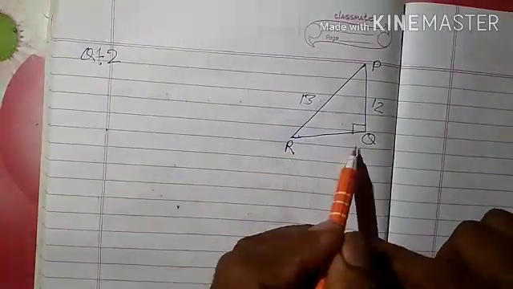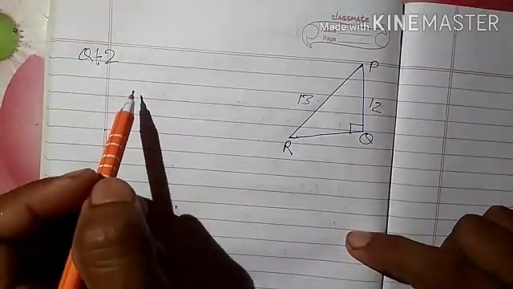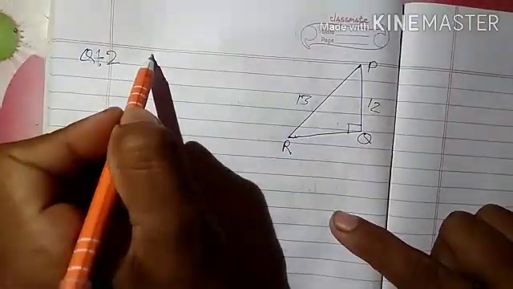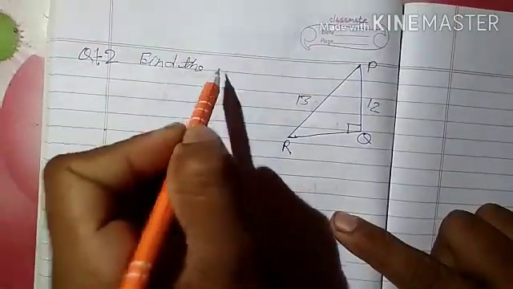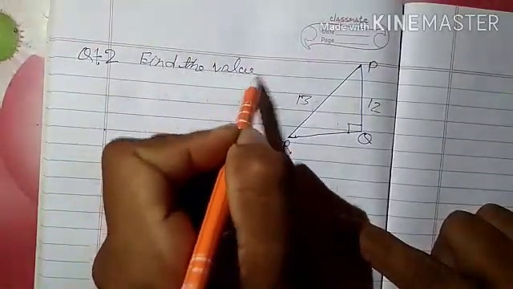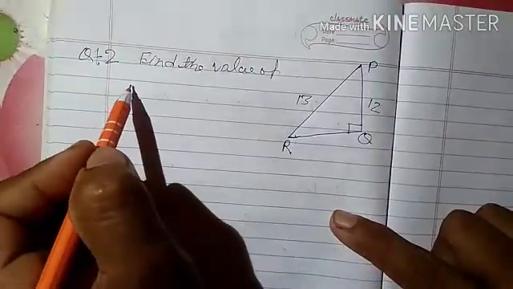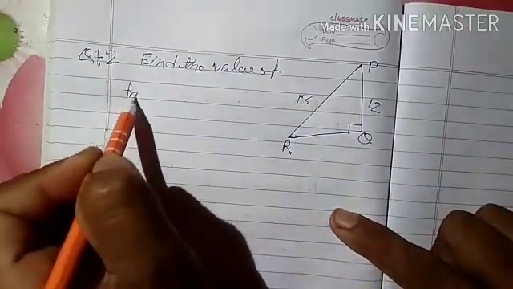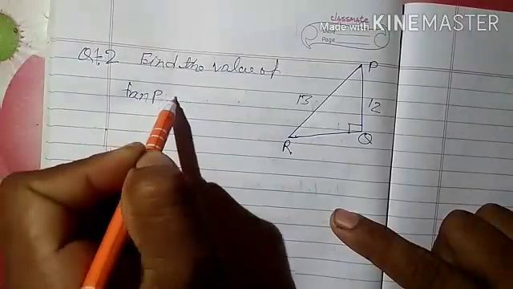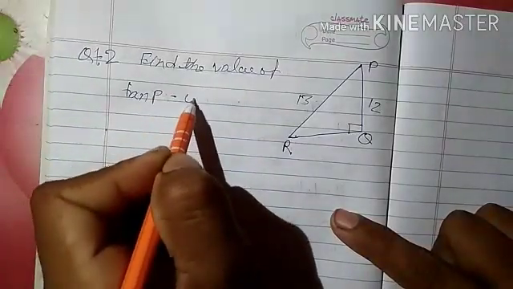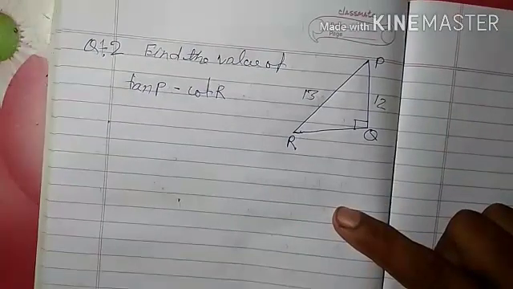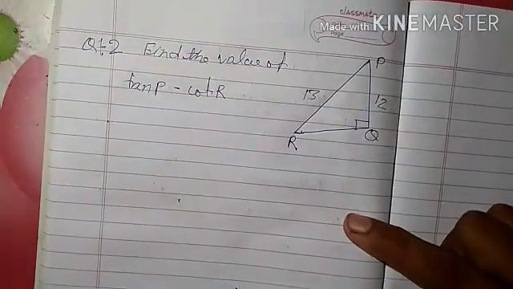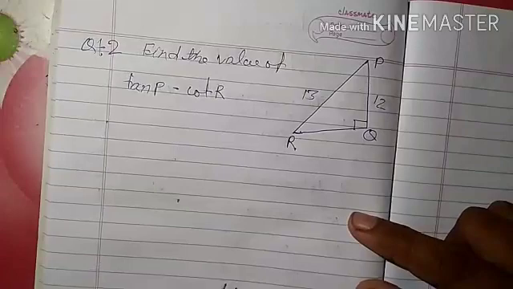So RQ we have to find out and the value. Find the value of tan P minus cot R. So tan P minus cot R value we have to find out.